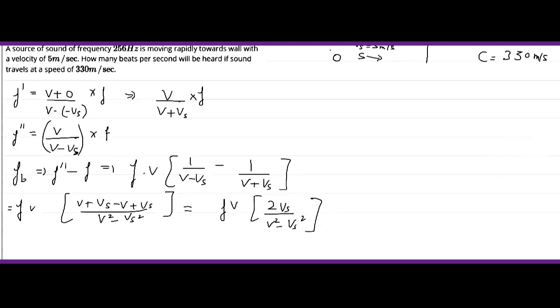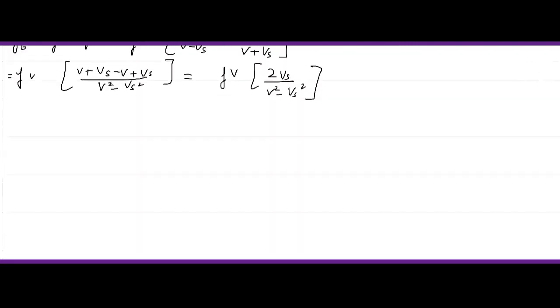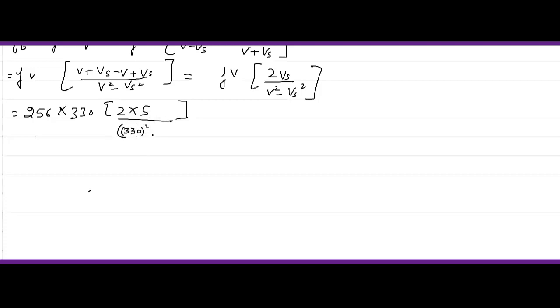So after putting the values, we will have 256 multiplied by 330, in bracket 2 into 5, upon 330 whole square minus 5 square.